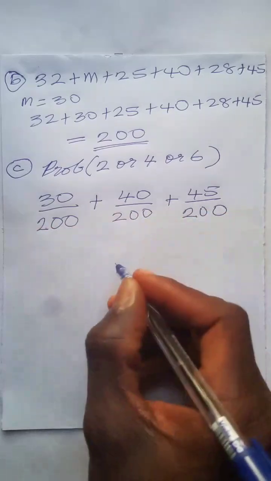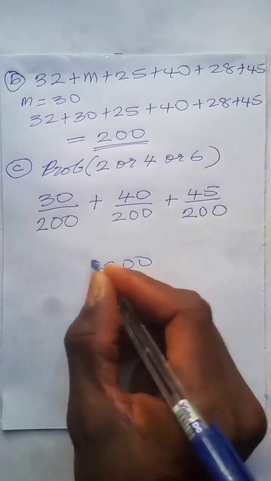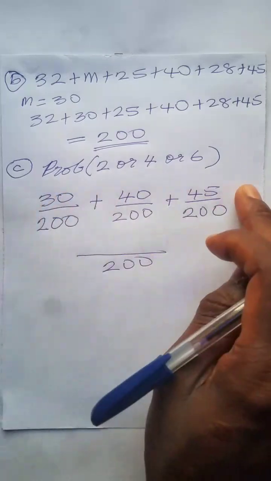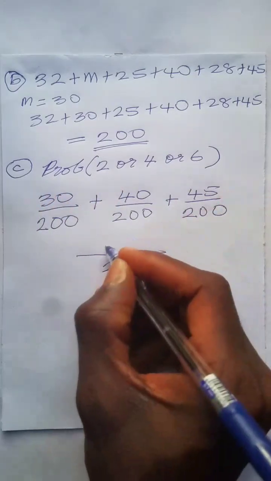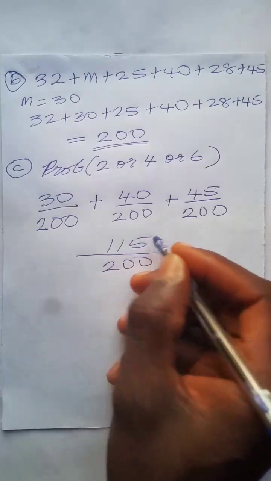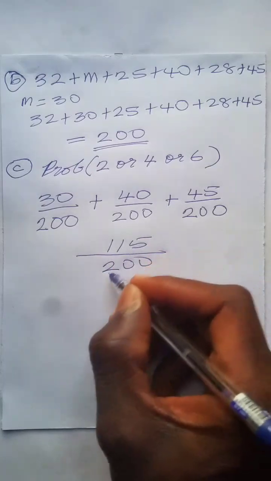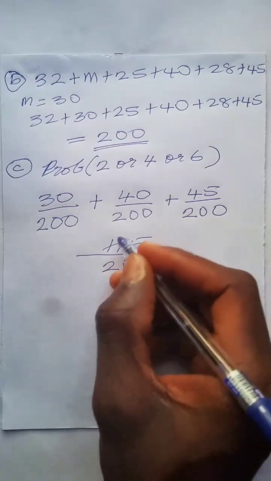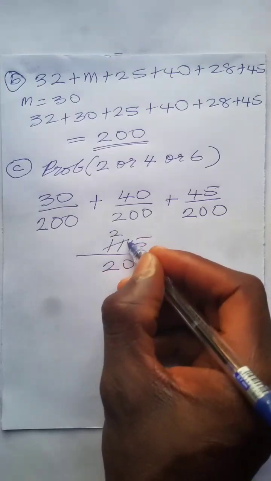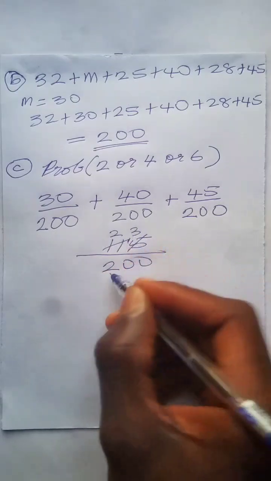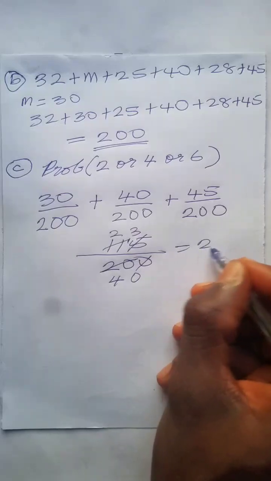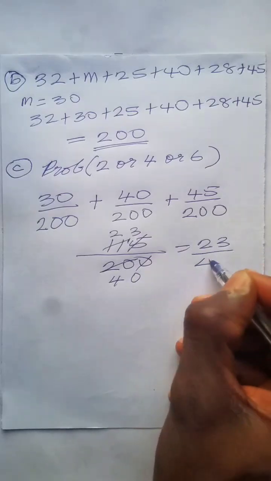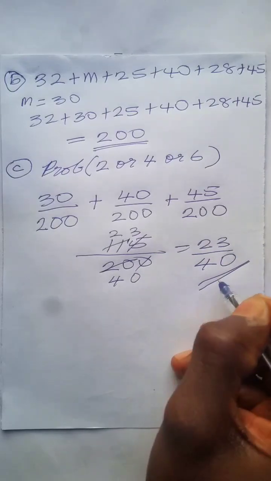So with a common denominator of 200, all I have to do is add the tops. When I add that, I have 115. Now something can cancel, 5 can cancel: 5 goes into 115 twenty-three times, and 5 goes into 200 forty times. So that is 23 over 40, and that is our answer.